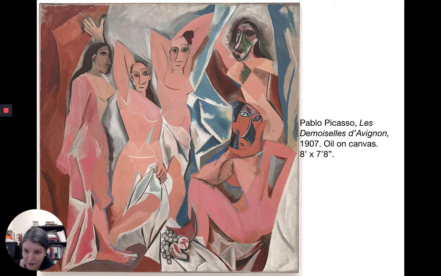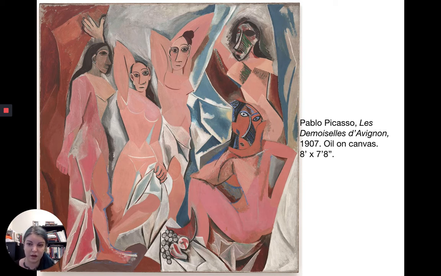A fun fact about the name Cubism, I kind of love this. So Matisse and Picasso, as I've told you, were great friends but also rivals and had this really interesting competitive friendship. So Matisse is one of the artists that Picasso shows this to. And Matisse is then describing this new kind of painting that Picasso is doing to the art critic Vauxcelles, the guy who made up the term fauve, who called them fauves.